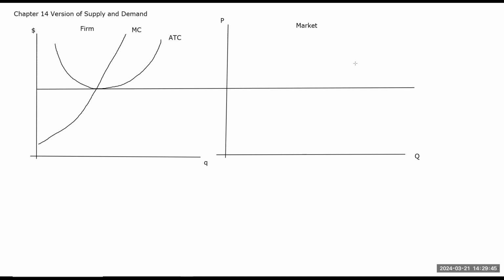This is our price that is equal to average revenue, which is equal to marginal revenue. This is our price, and that is equivalent to our long run supply curve.